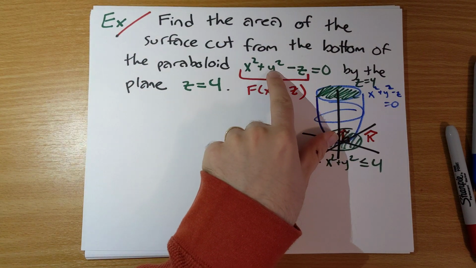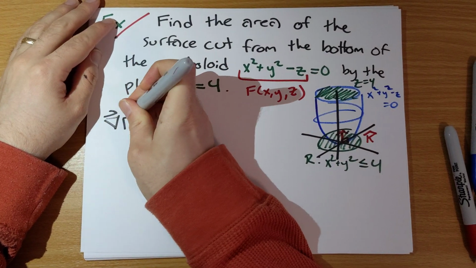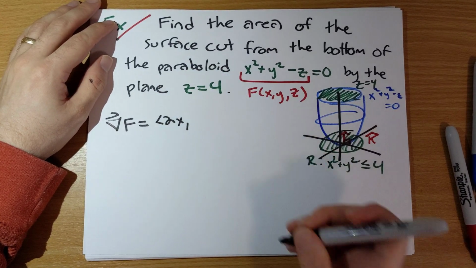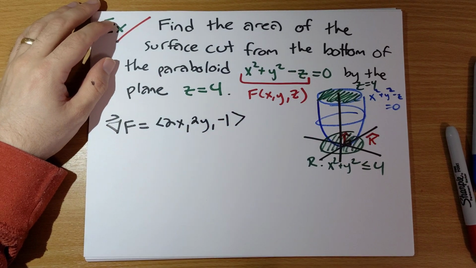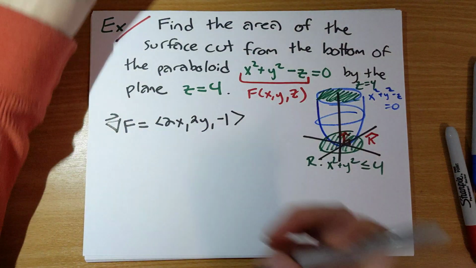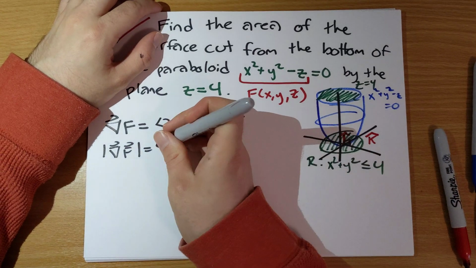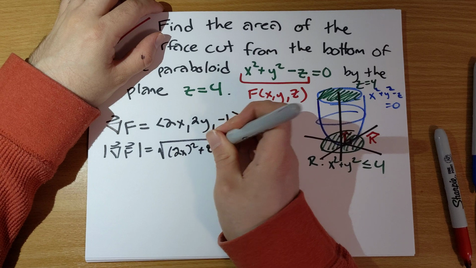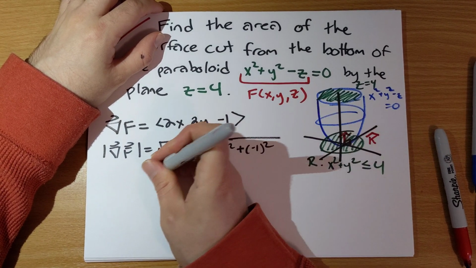So f is x squared plus y squared minus z is equal to 0. The gradient of f is going to equal 2x, 2y, negative 1. We need the magnitude of the gradient. The magnitude of the gradient is the square root of 2x quantity squared plus 2y quantity squared plus negative 1 quantity squared.